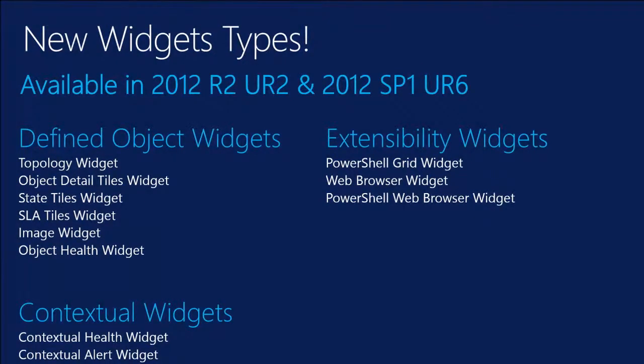Next, we have extensibility widgets. These really are powerful widgets that let you expand and customize your dashboards to your heart's content. These widgets will allow you to dream up the visualizations that you want to represent your data in and apply them in a much easier way than you have been able to in the past.